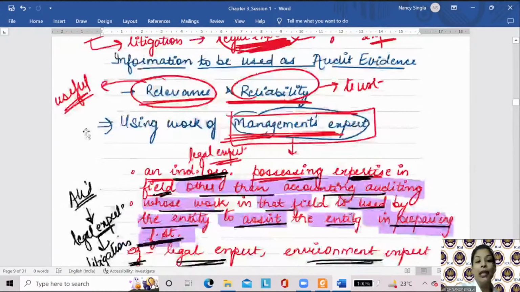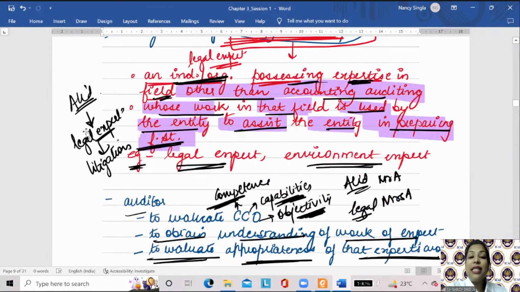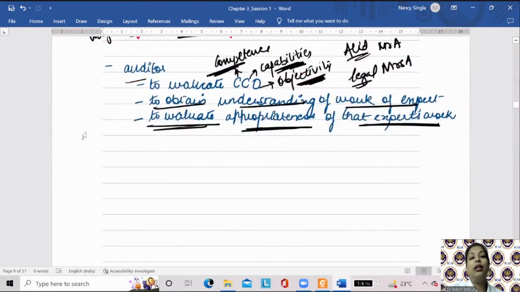Any individual or organization possessing expertise in a field other than accounting and auditing, whose work in that field is used by the entity to assist the entity in preparing the financial statements. So the auditor will evaluate the competence, capability and objectivity, obtain an understanding of the work of the expert, and evaluate the appropriateness of that expert's work. Once satisfied with all these three things, only then will the auditor use the work of the management's expert.